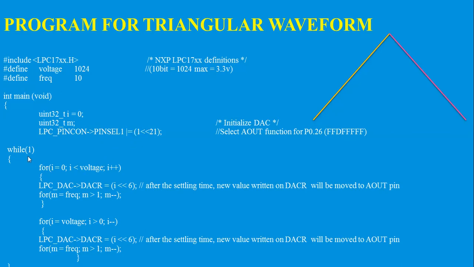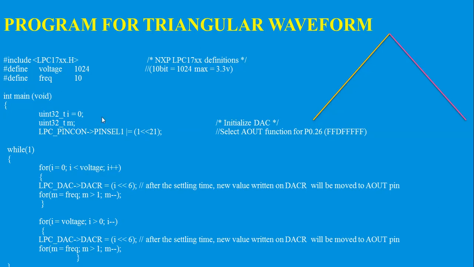Now we are going into an infinite loop. Since we have to generate the triangular wave, we have to linearly increase the voltage level from minimum to maximum value. So this is a for loop where initially the value of I is 0, and we compare whether I is less than voltage.